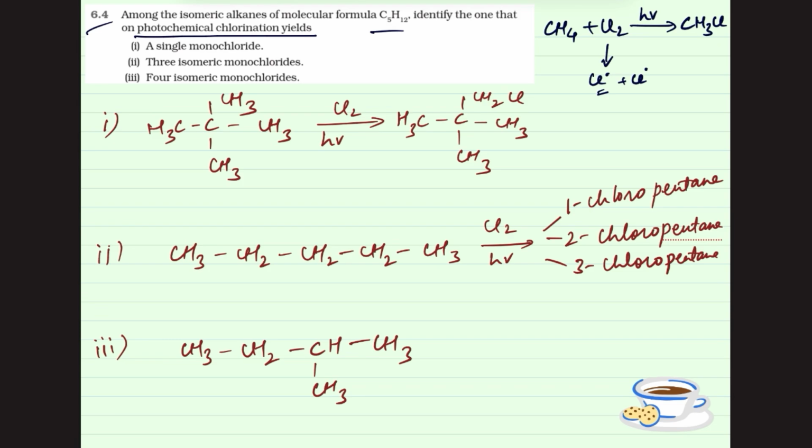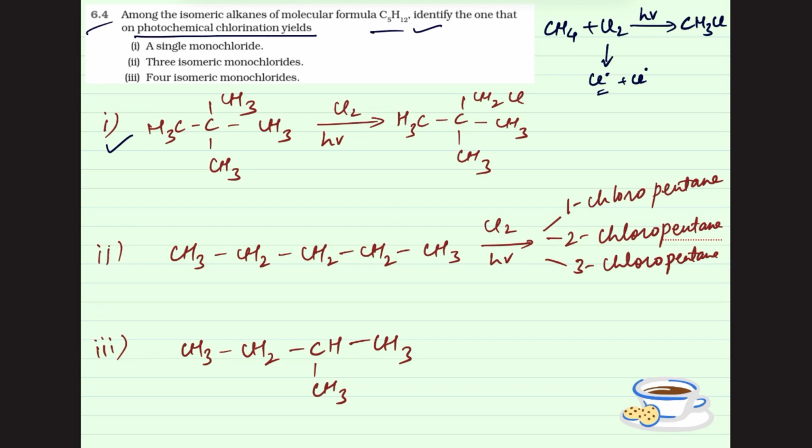Now in this question it has been asked that the compound C5H12, an alkane having formula C5H12, that is pentane, which of the isomers of pentane will form first one, a single monochloride? Now the answer to the first one is this isomer of pentane.